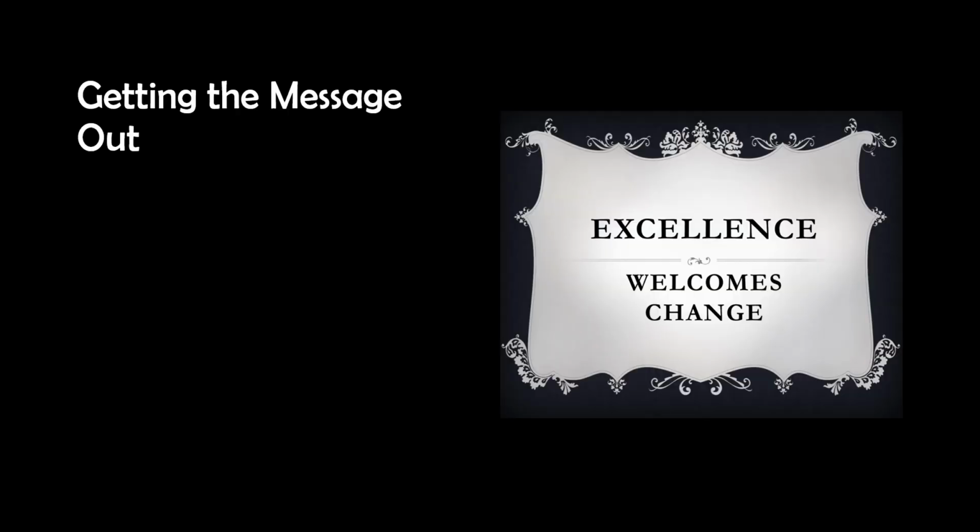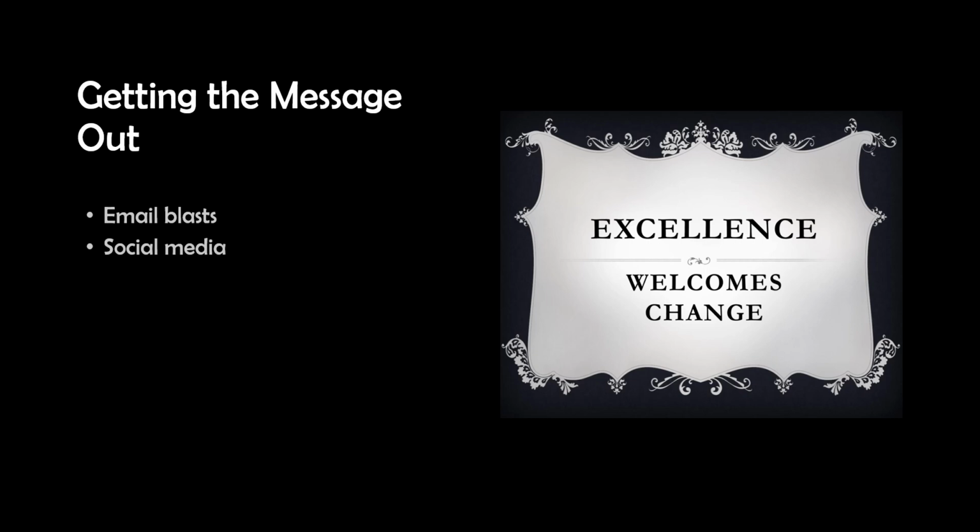How do we get the message out? Diffusion, or Organizational Change Management, or OCM, is a key part of implementing instruction on this scale. There are many ways to spread the word about all the positive things the new system will bring.